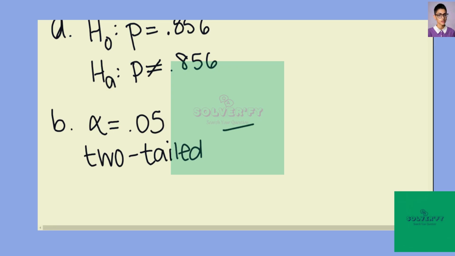So we have an area on either side. Each area is equal to 0.025. So we find a critical value of plus or minus 1.96.